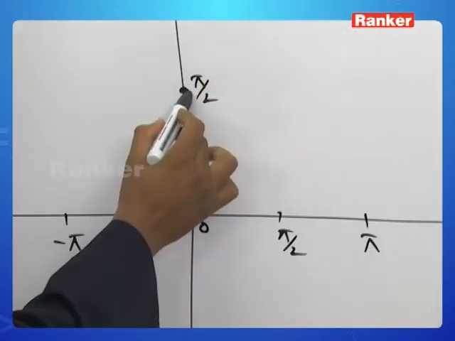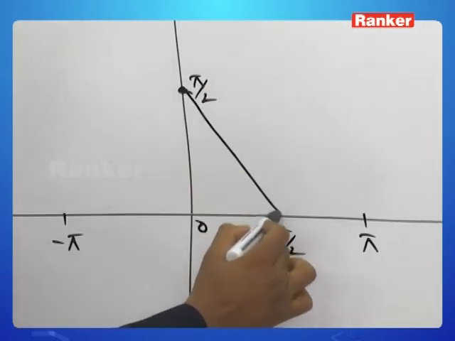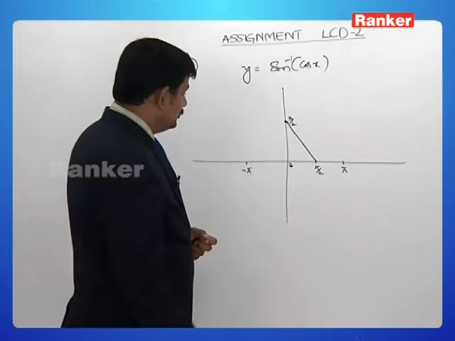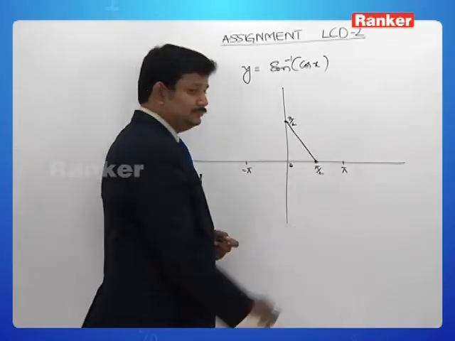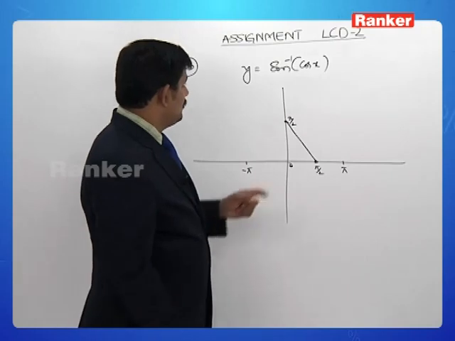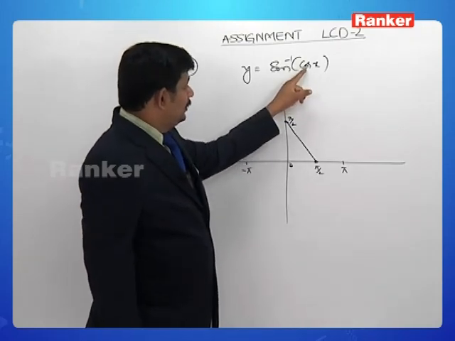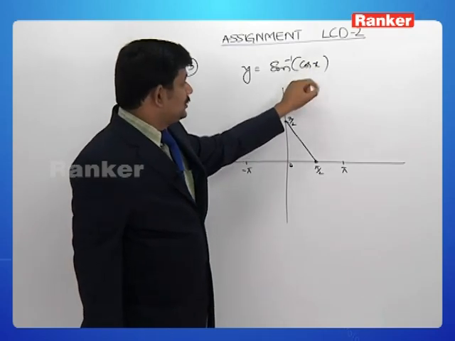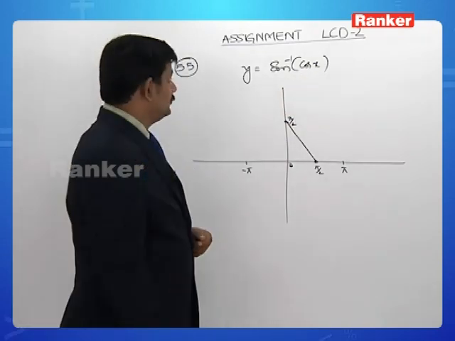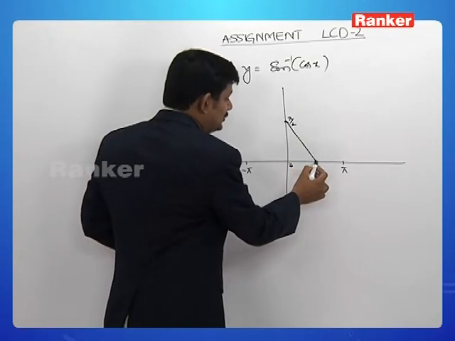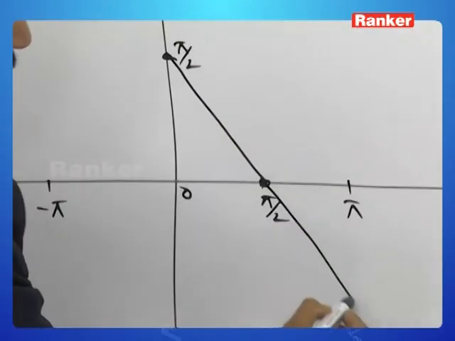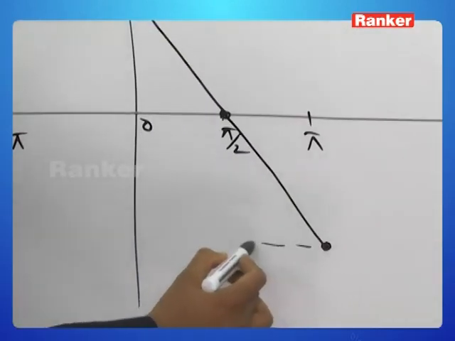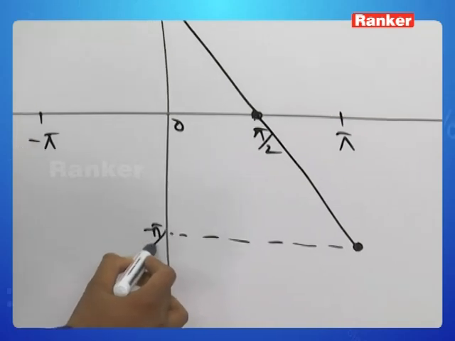So these values decrease to become 0 at pi by 2. Then when x is pi, cos x is minus 1, and sine inverse of minus 1 is minus pi by 2.